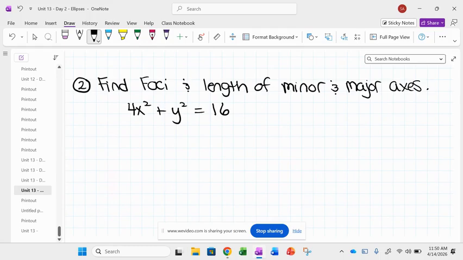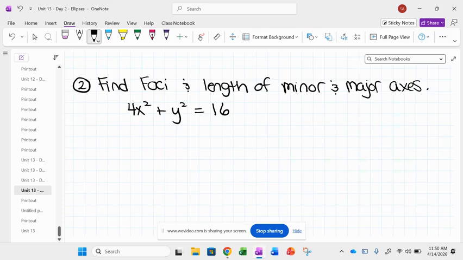So I'm asking us to find the foci and the length of the minor and major axes. First thing I'm asking you is find the foci.